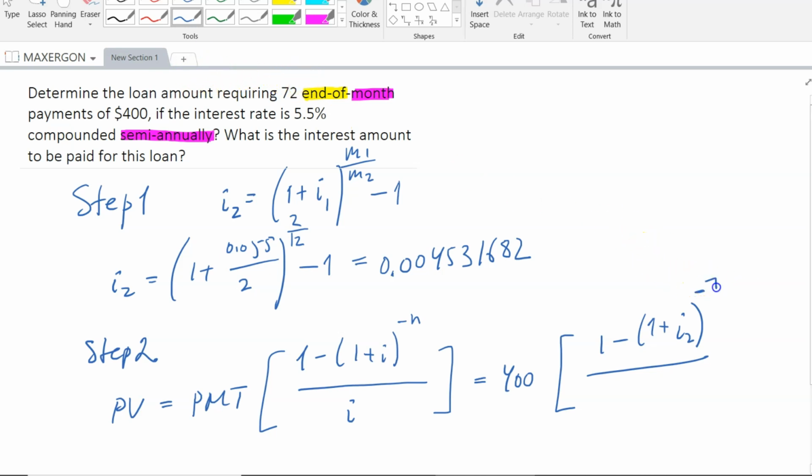So n is going to be 72. Because it's present value, there's a negative sign in the exponent, divided by I2. Now we are ready to compute this using our calculator, and the answer will be 24,526.49, rounded to 2 decimals.